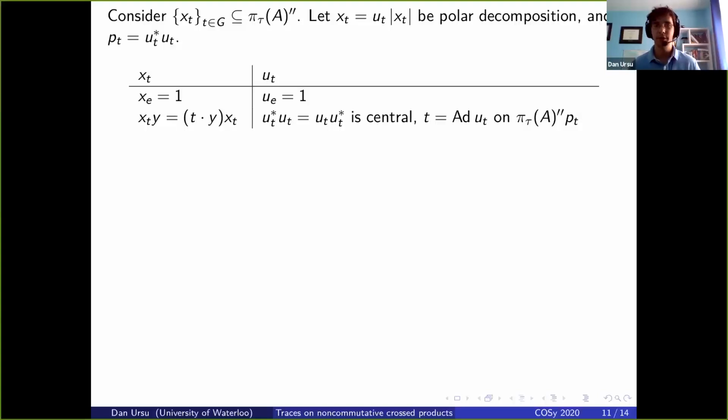So really you could call this a partial unitary, in the sense that it's unitary direct sum 0. And moreover, if you consider the corner of your von Neumann algebra corresponding to this projection, well, this projection is central, and the action on this corner is actually inner with respect to ut.